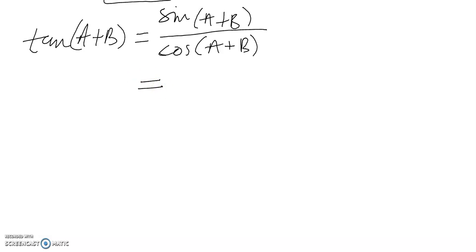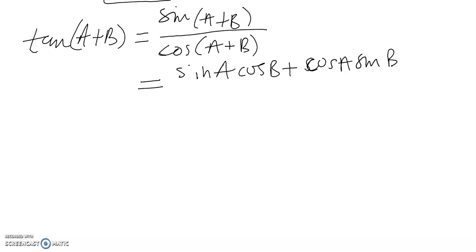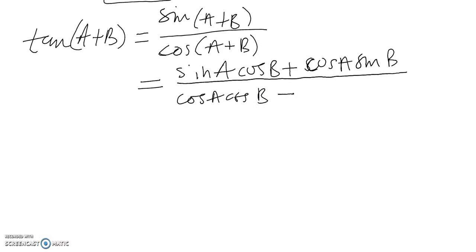We'll do sine A cos B plus cos A sine B, and then the bottom will be our cos A cos B minus sine A sine B.